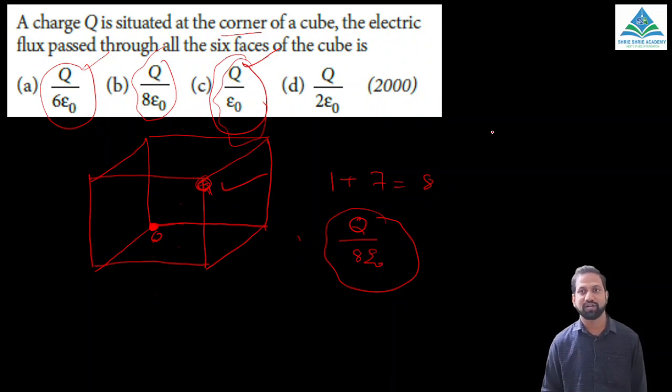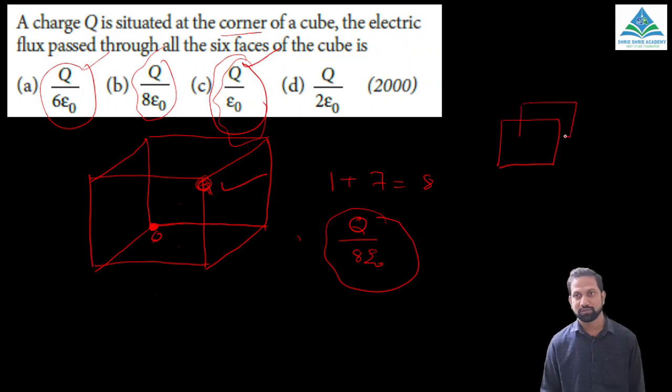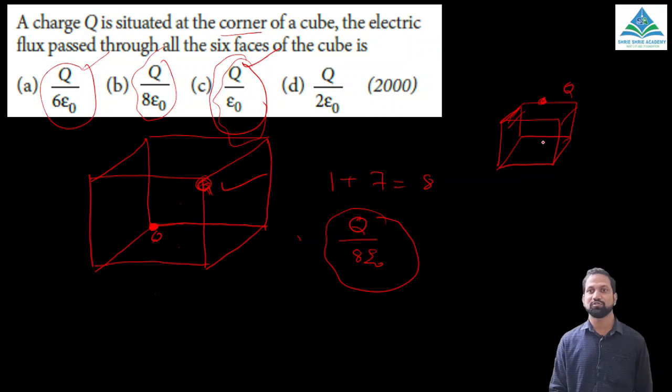And similar to this one, I can tell you one more. Suppose there is a cube and a capital Q charge is placed on the surface, above the cube on one surface. Then how much flux is passing through the one cube? To cover the capital Q charge which is placed above the surface, you need one more cube, like a cube over a cube.